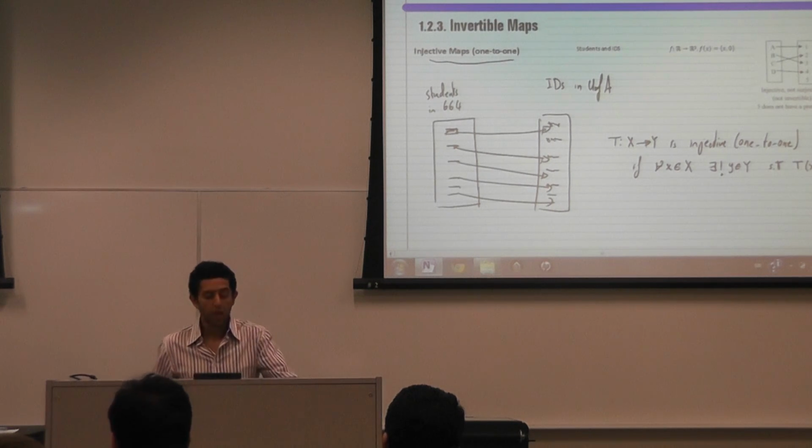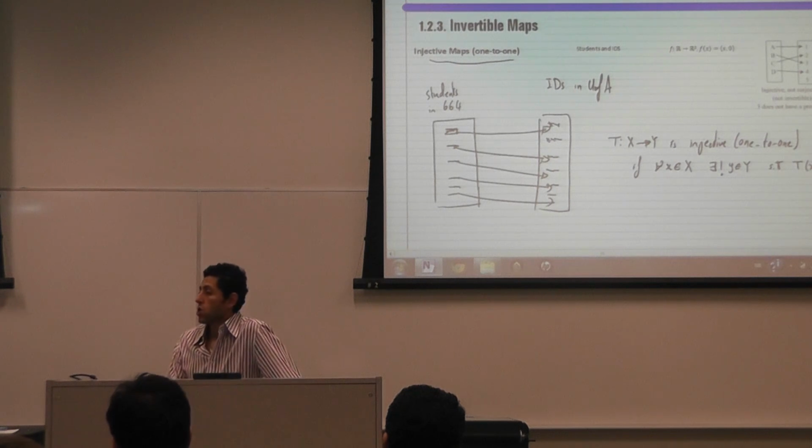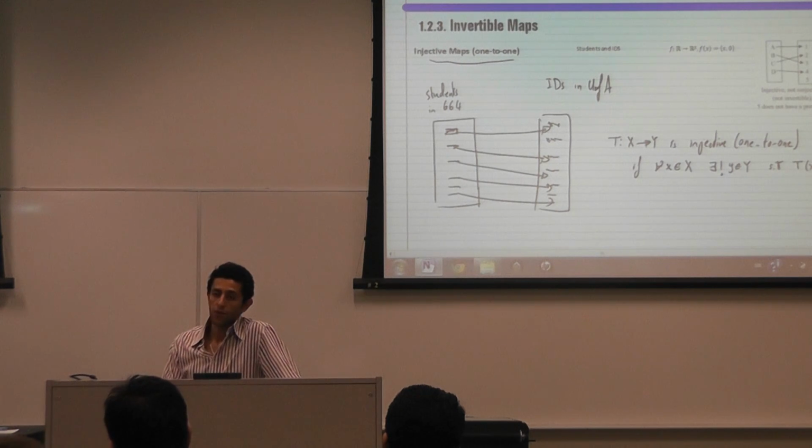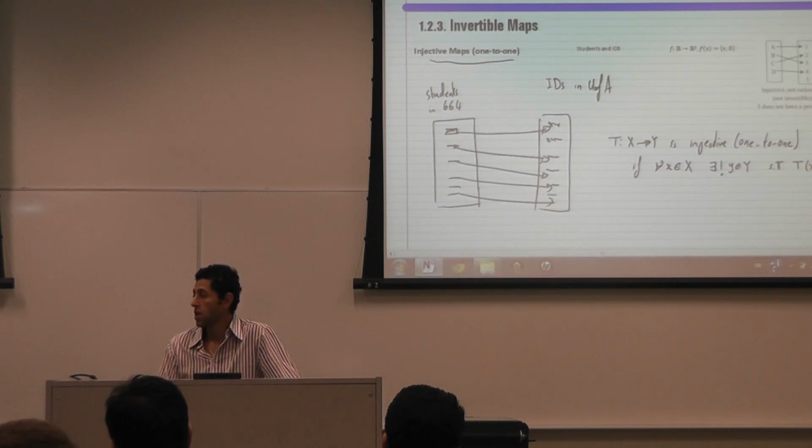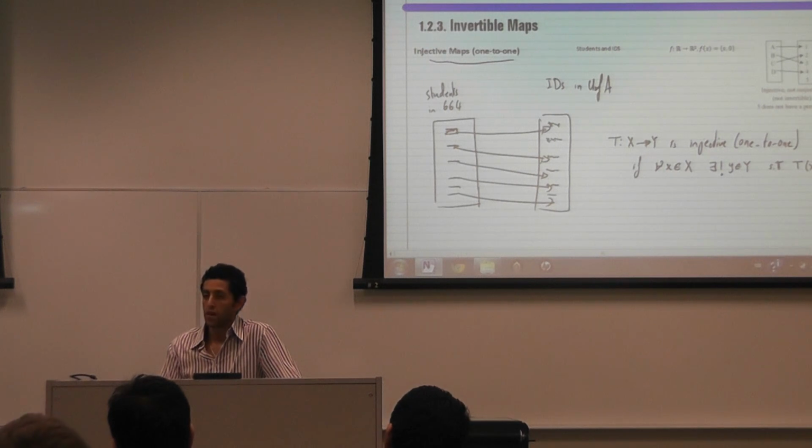So right away, if a matrix has a huge kernel, it's not injective. Because if a matrix has a huge kernel, it means there are a lot of vectors that go to 0, which means it's not one-to-one. It does not assign a unique value to every unique vector.